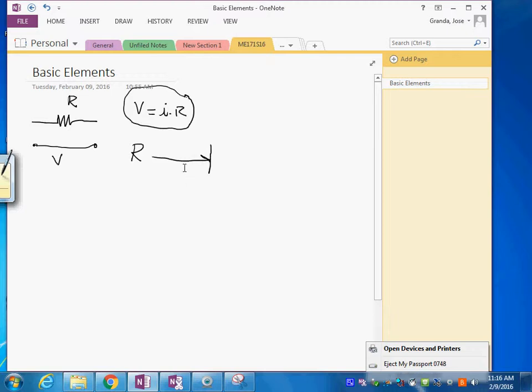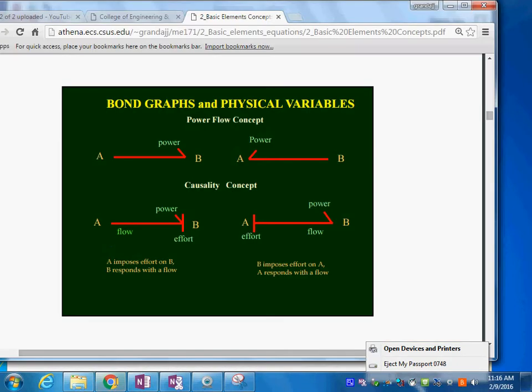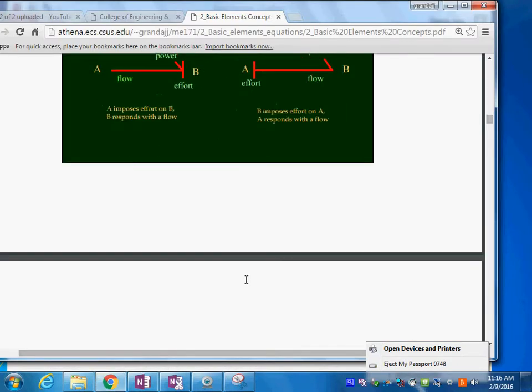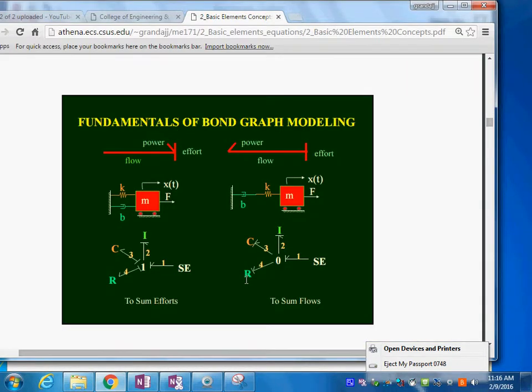I would just go ahead and state that the one junction is the common flow junction and the zero junction is the common effort junction. So if we could just write it down, let's see, we go over here.